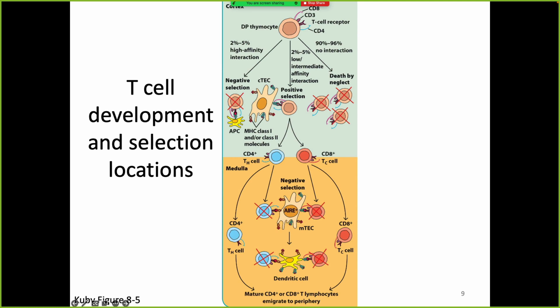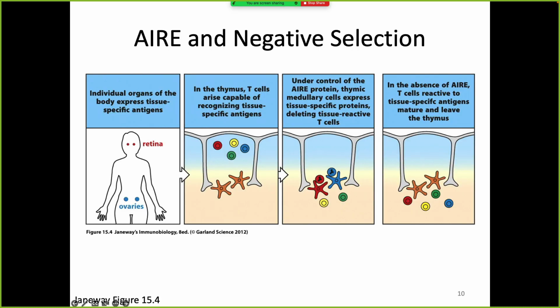Things are a little different with developing T cells. Here you can see two examples of tissue-specific antigens. We're seeing a retina-specific antigen and an ovary-specific antigen here.